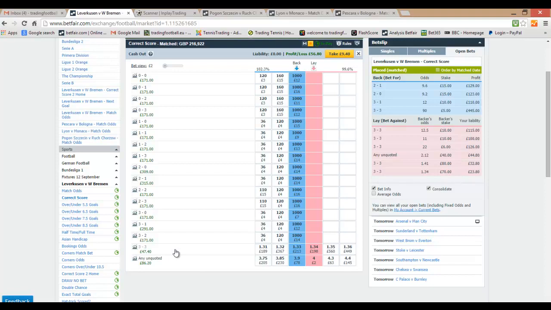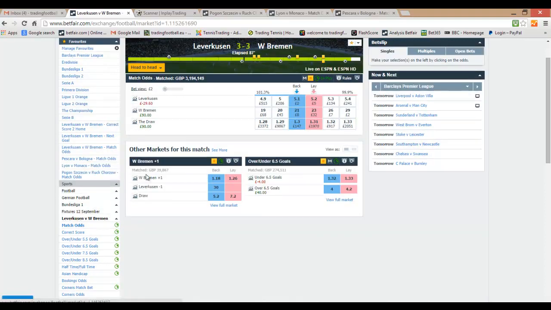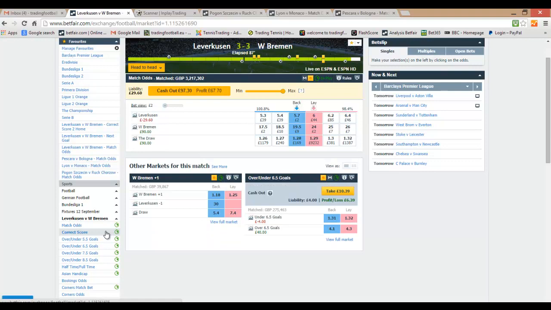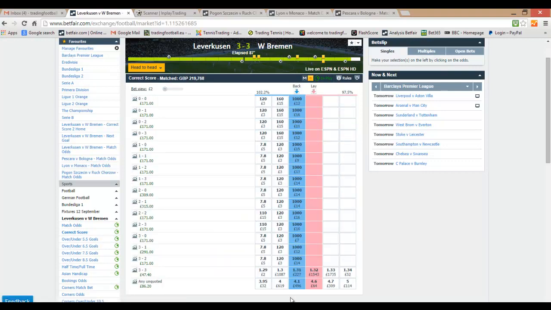Now remember, the correct score 2 market is now dead, because you don't have 4-3, 4-all, 5-3, 3-4. So I've lost £31 for definite on that market. But if Leverkusen do score to make it 4-3, I've got about £29.60 red there on them.